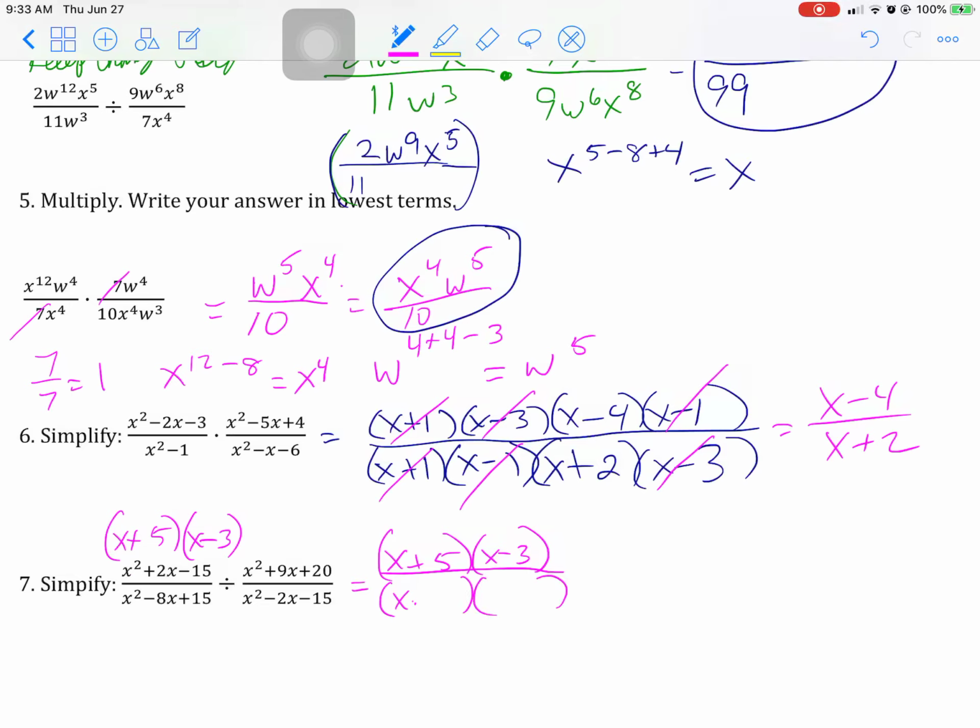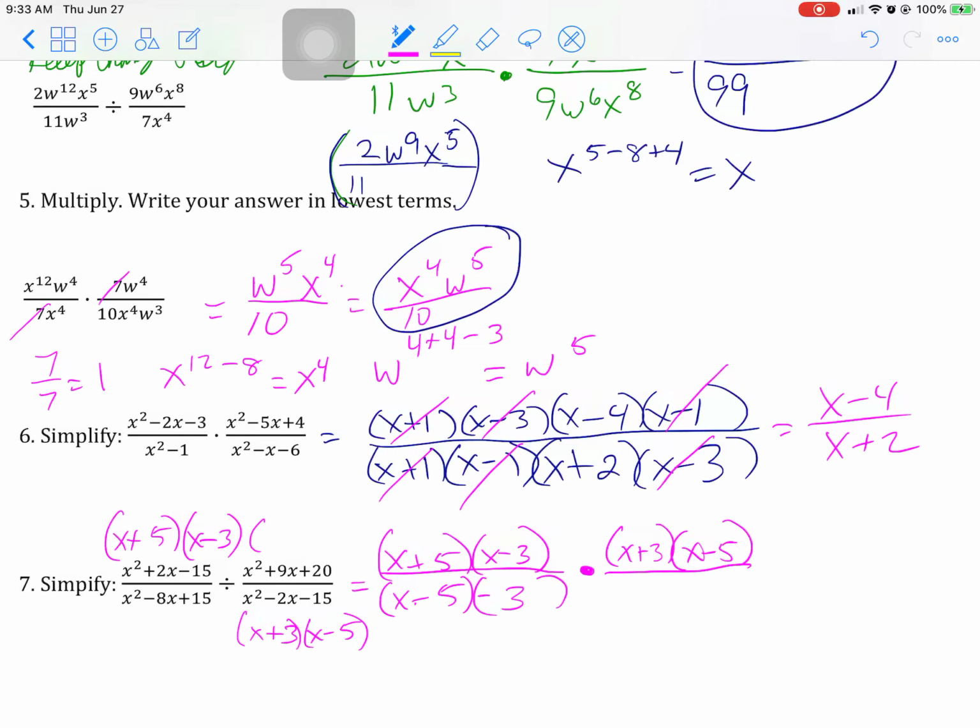Minus then a positive means they're both negative. 15 would be 5 and 3. Keep the first one, change the division to a multiplication, flip the other one. So this one right here is x plus minus, that makes that a 5 and that a 3, and it goes up here.